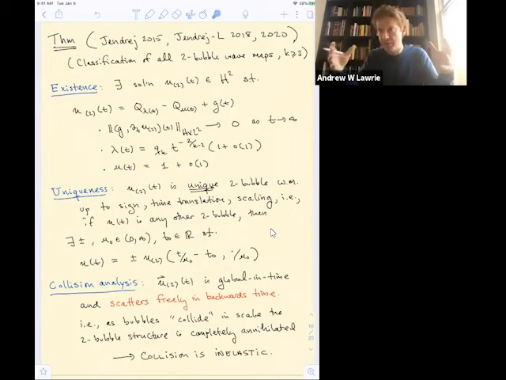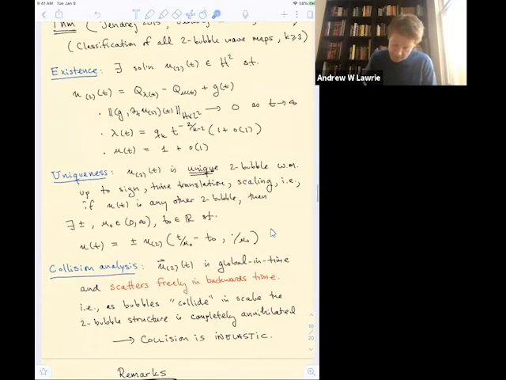At some point their scales become comparable. This is the evolution of the scales. You could think of it as the bubbles colliding at some comparable scale. And what happens is that the collision of these two bubbles completely annihilates the two-bubble structure, and the solution disperses. It becomes free radiation in opposite time.